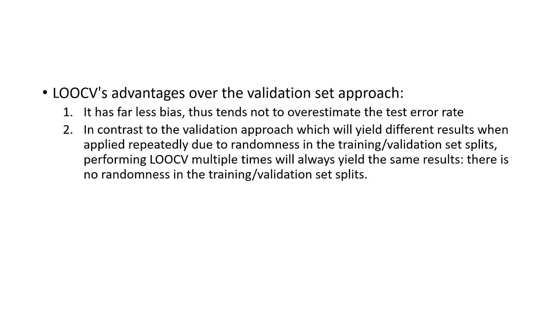But this one has far less bias because everyone is doing the same thing. Everyone is leaving out the first observation the first time, and then the second time you leave out the second observation. So everything is accounted for in the calculation.